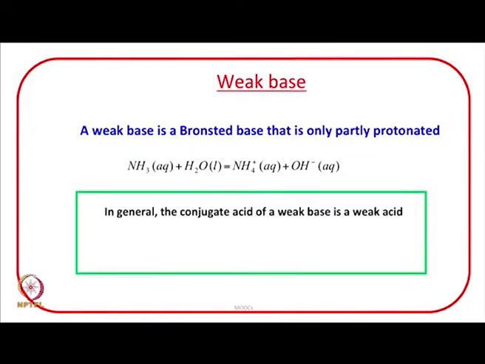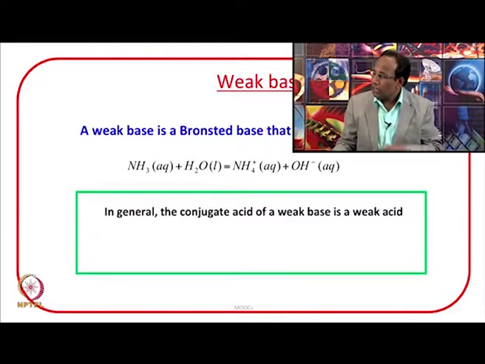In general, the conjugate acid of a weak base is a weak acid. For example, you see ammonia NH3 is a weak base and its conjugate acid, which is NH4 plus, is actually a weak acid.